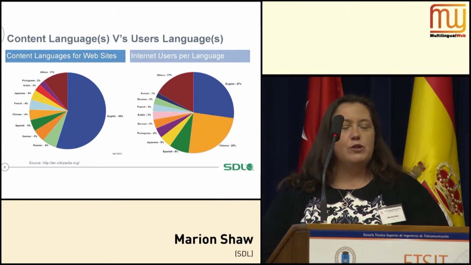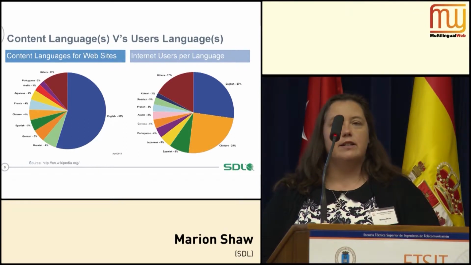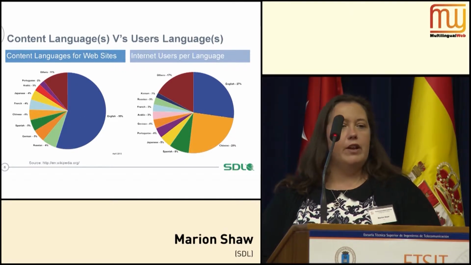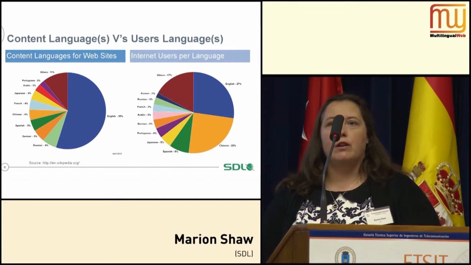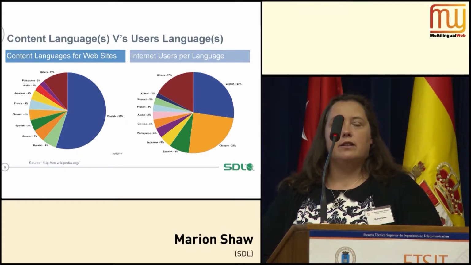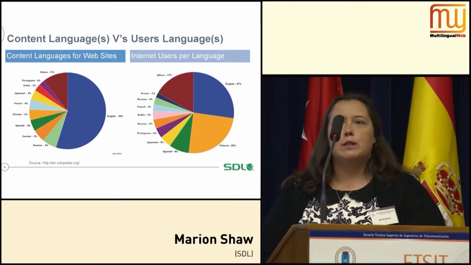And we have this one graph that I thought was really interesting. You can see on the left-hand side here, the content of the information on the web versus the users of the information on the web. And we can see here that the content is predominantly in English. But when you look at the users, only about a quarter of them speak English.